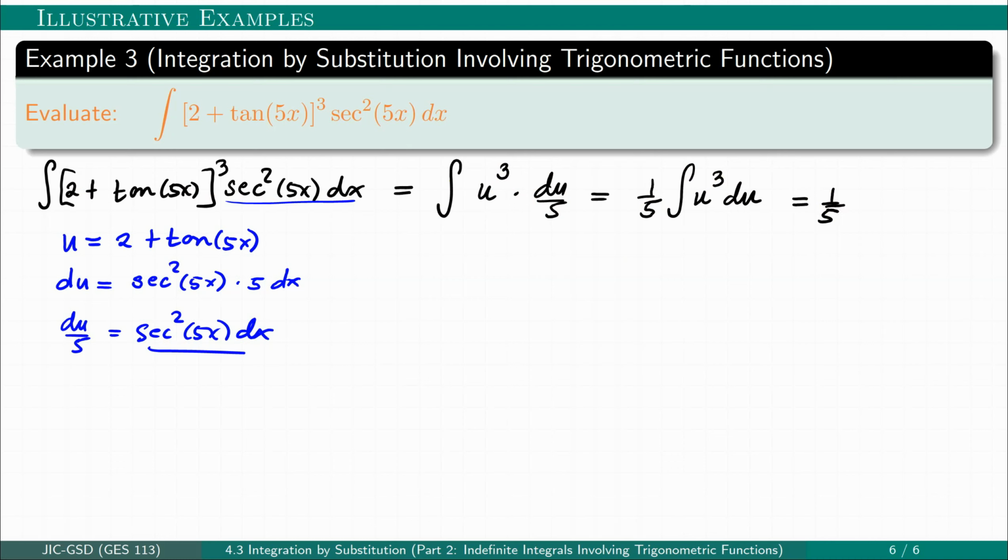We'll just add 1 to the power, so this would be u raised to 4 divided by 4 plus c. Replacing now the u, we will get 1 over 20. So our u is 2 plus tangent 5x. So 2 plus tangent 5x, everything raised to the power 4, plus the constant c.